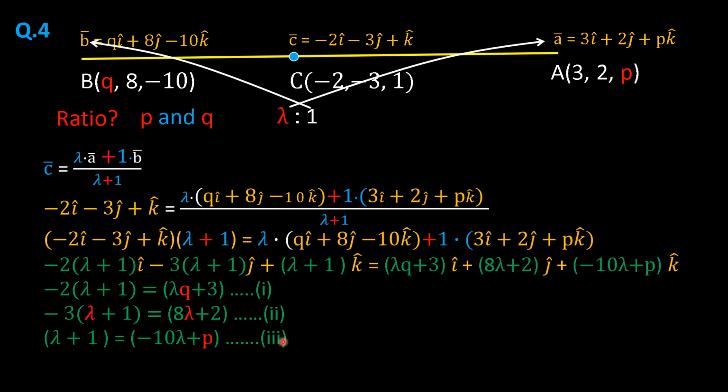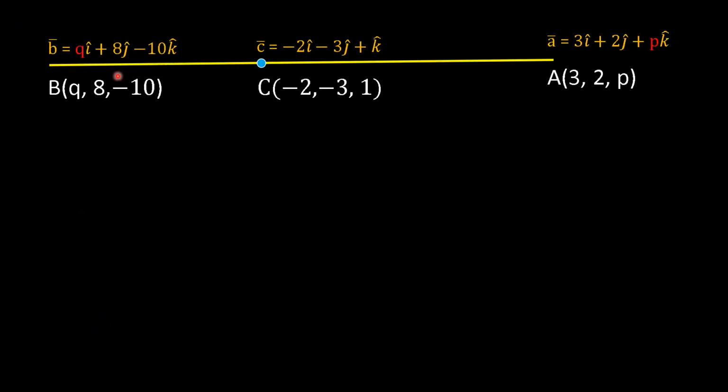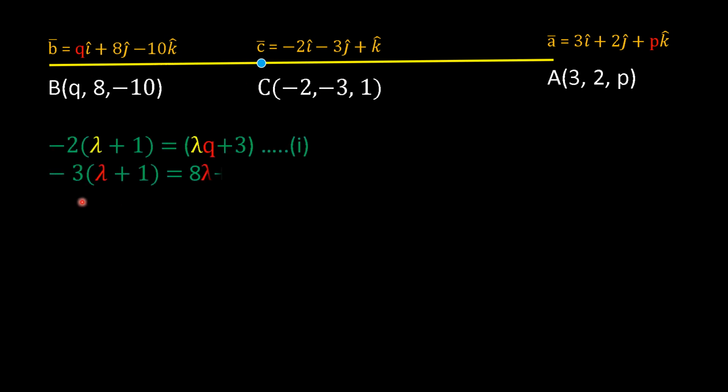Now we have to solve these equations in order to find first the value of lambda and then value of p and q. Let us see how. We have the diagram here and we write the three equations which we have just got. The second equation contains only one variable lambda, so we will solve it first.